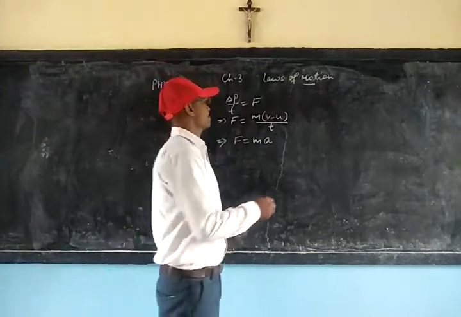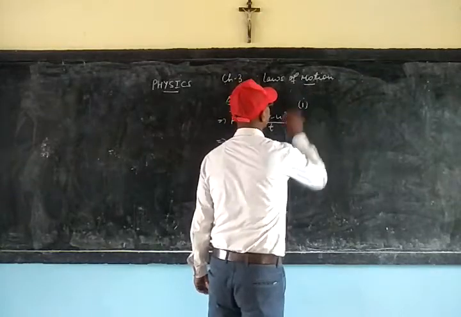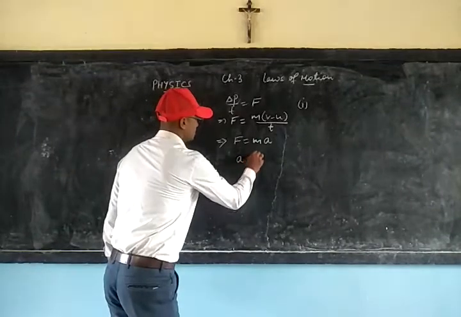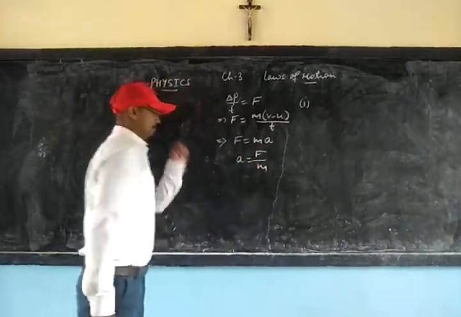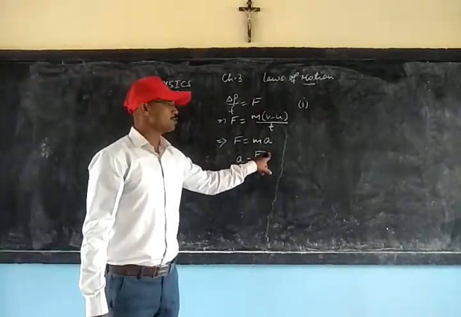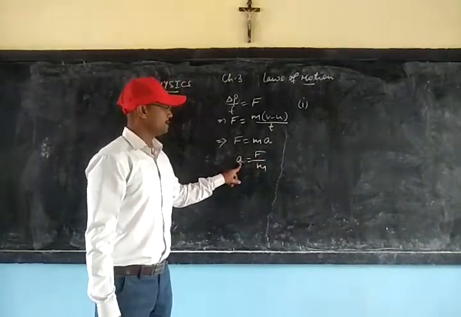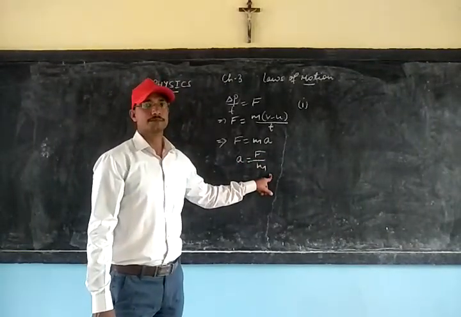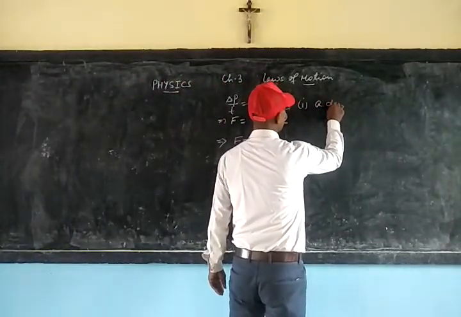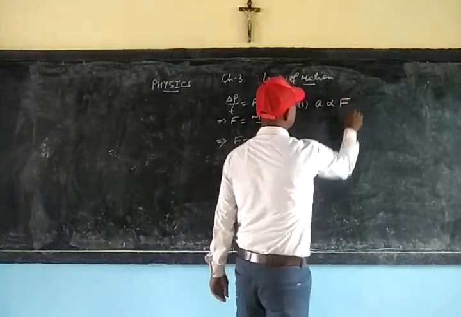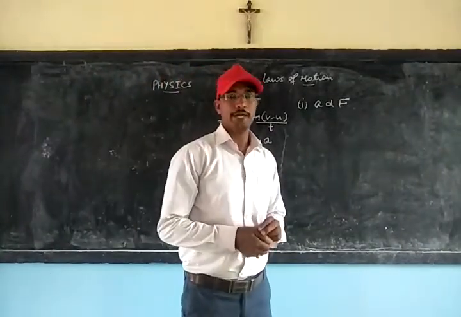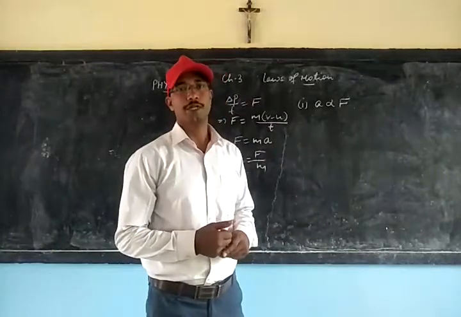Let us see first. If you write this expression as a is equal to F upon m, we can say that acceleration is directly proportional to force and it is inversely proportional to mass. So acceleration is directly proportional to force, which means that if you apply more force on a body, we can produce more acceleration on it.